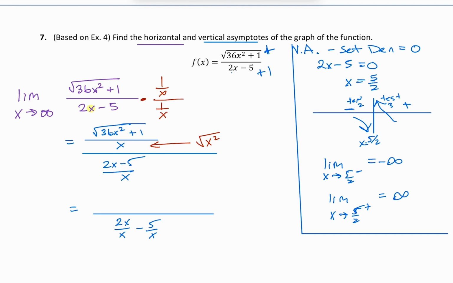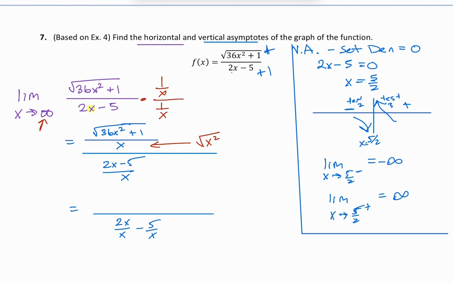This is equal as long as x is positive, which it is right now because we're approaching positive infinity. If x was a negative number, then once I square it, I make it artificially positive and take the square root of it, and now I've taken away its negativeness.